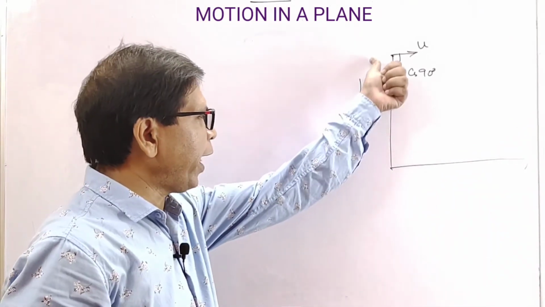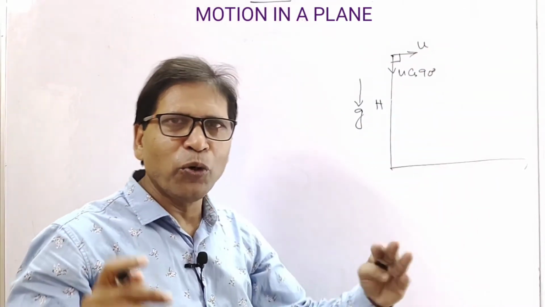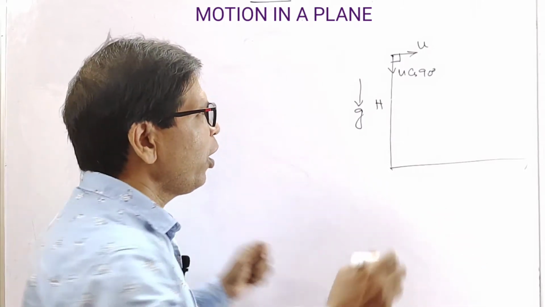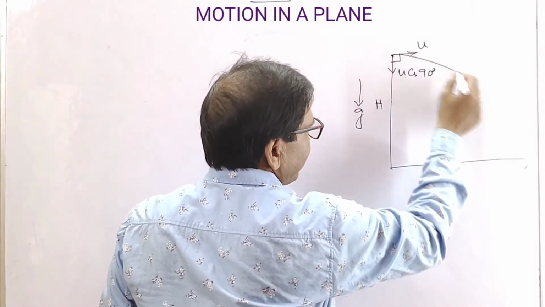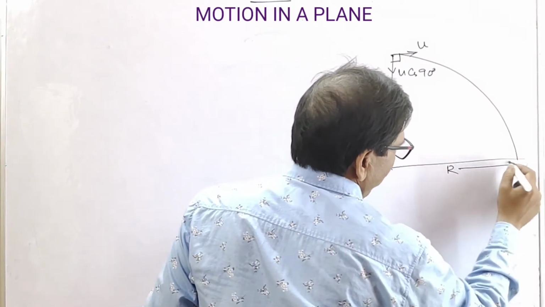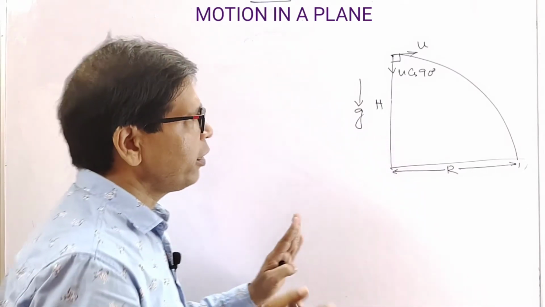So the nature of the trajectory of the particle is a parabola, the trajectory like this. Here R is the horizontal distance covered by the particle, the range.